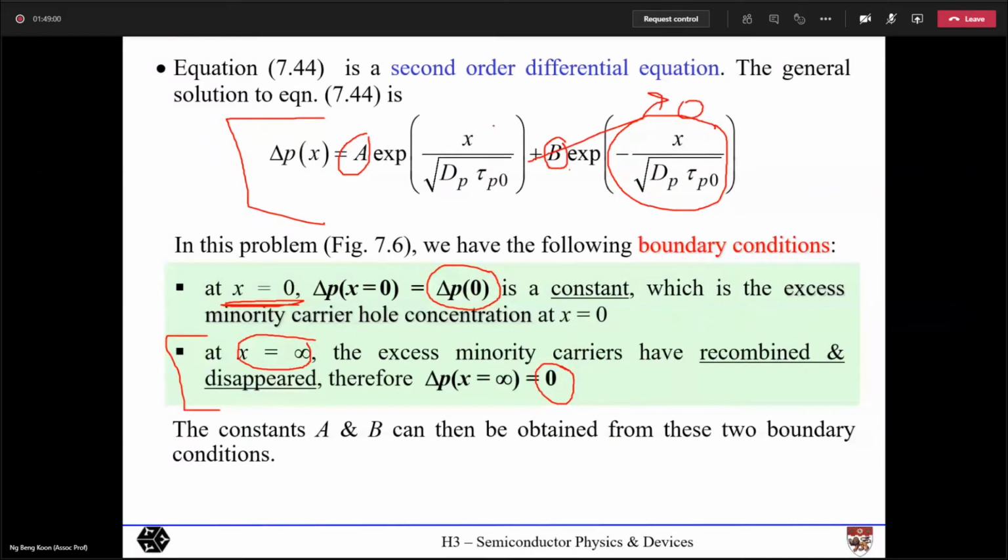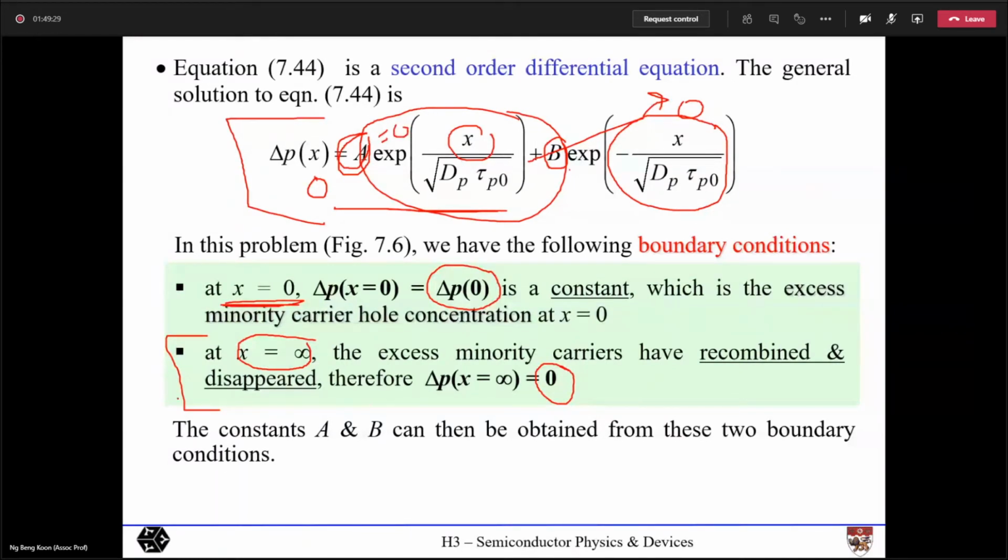What you have left here equals 0 when x goes to infinity. Exponential of infinity gives you a large number, so for the remaining first term to go to 0, your A must be equal to 0.